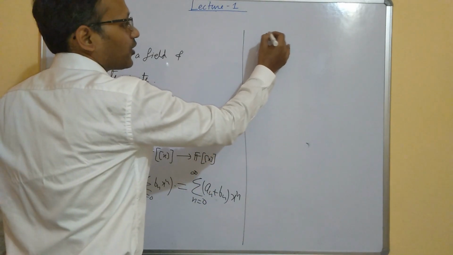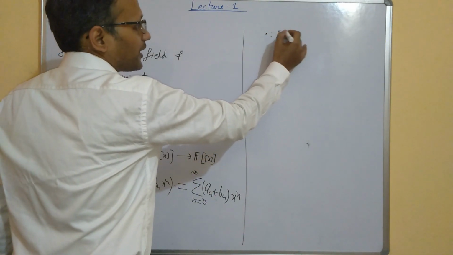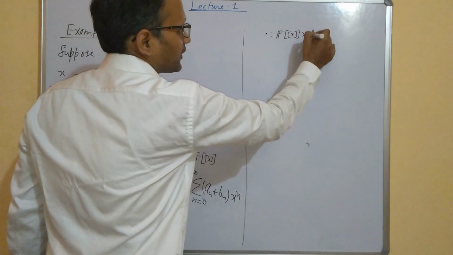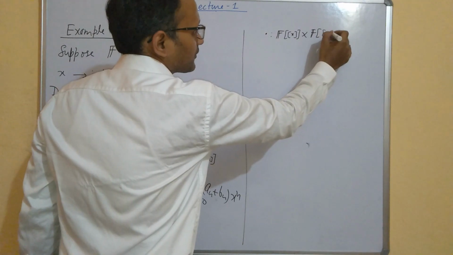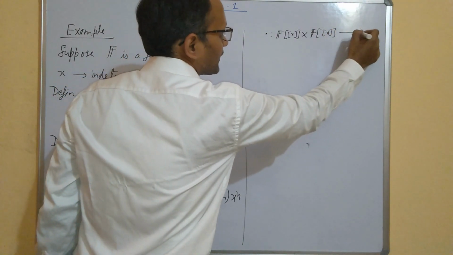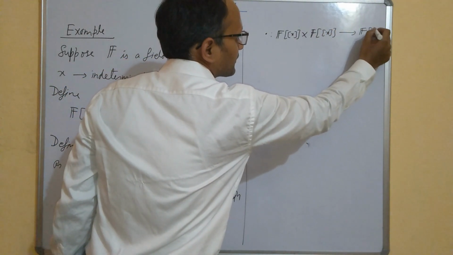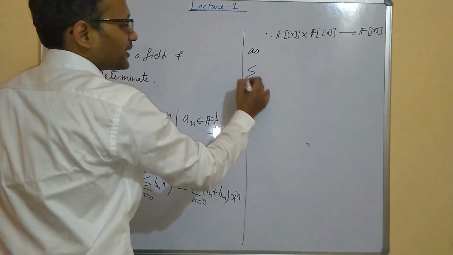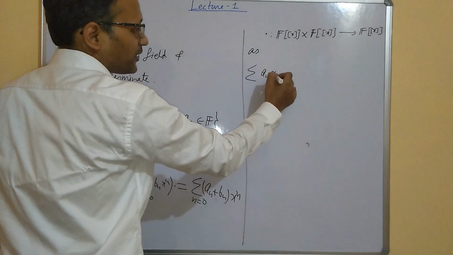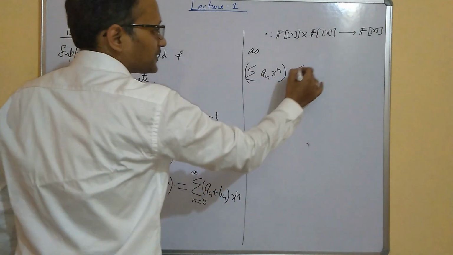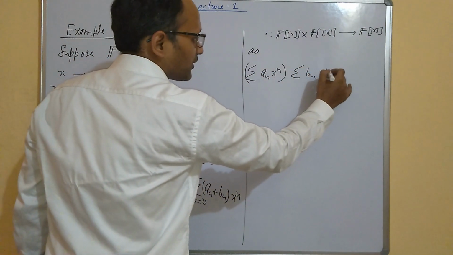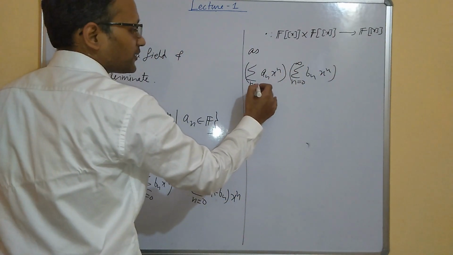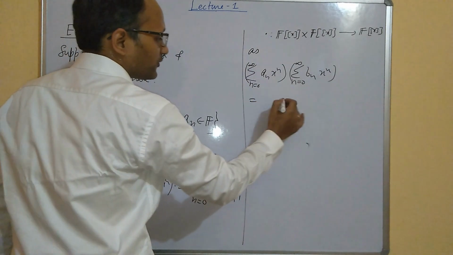And define another operation of multiplication. So define dot from F[[x]] cross F[[x]] to F[[x]] as follows. Take two elements again, the sum of a_n x to the power n and the sum of b_n x to the power n, n varying from 0 to infinity. What will be the product?